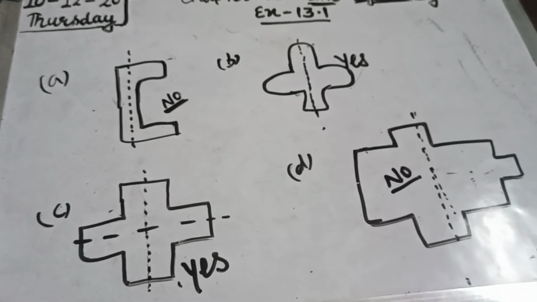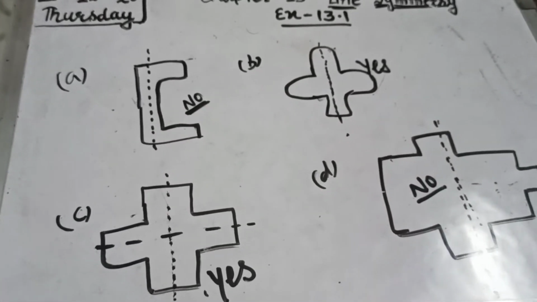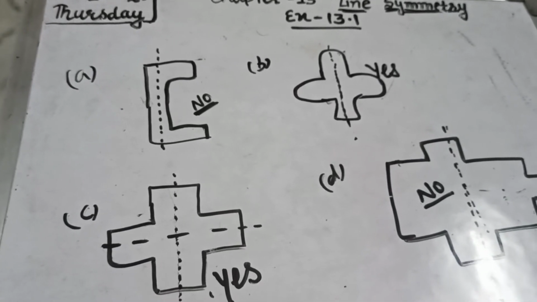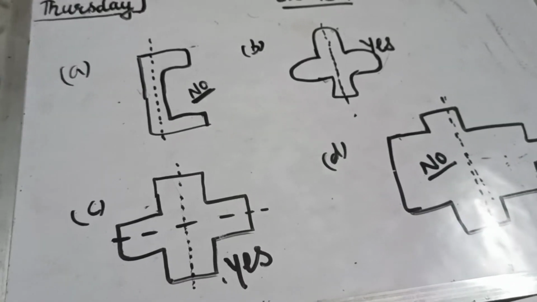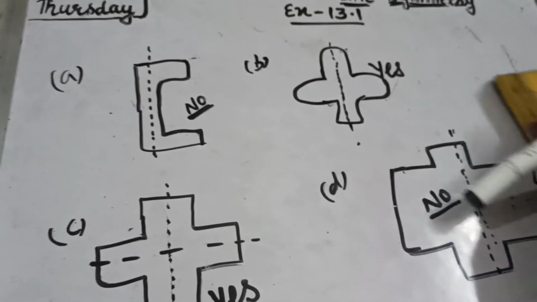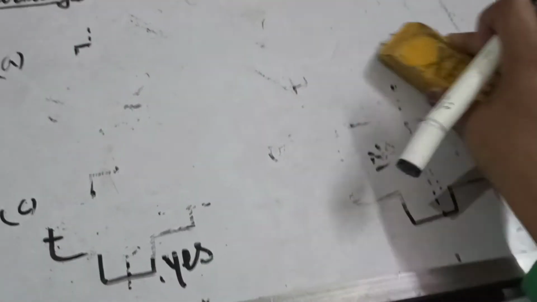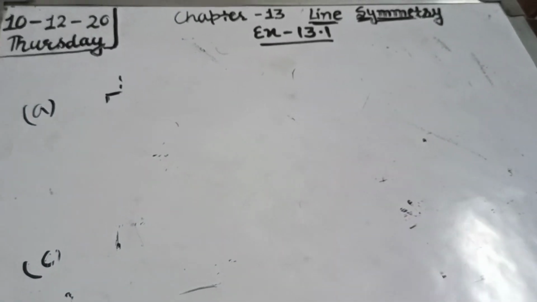Clear this one? Now come to the S5. Identify the figures that have a horizontal line of symmetry. So in the S5, we have to check the horizontal line of symmetry, right? There are only 3 figures.